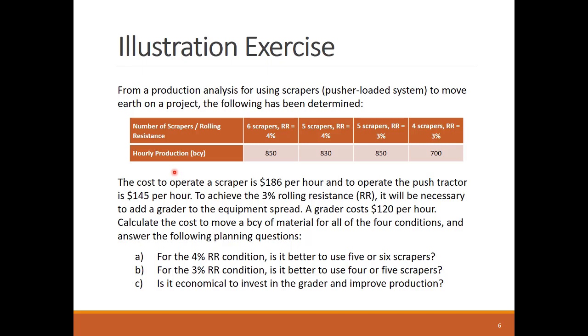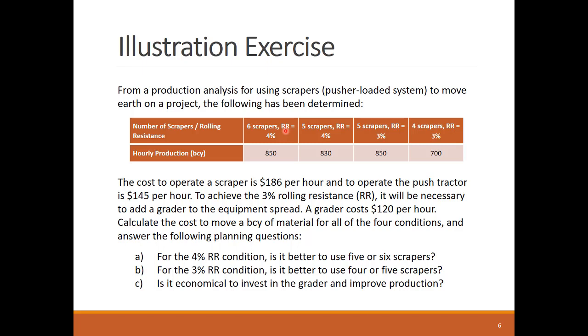These scenarios differ by changing the number of scrapers and also the expected rolling resistance RR equivalent grade by utilizing a grader. The first scenario utilizes 6 scrapers and doesn't involve using a grader, so the rolling resistance equivalent grade is 4%.